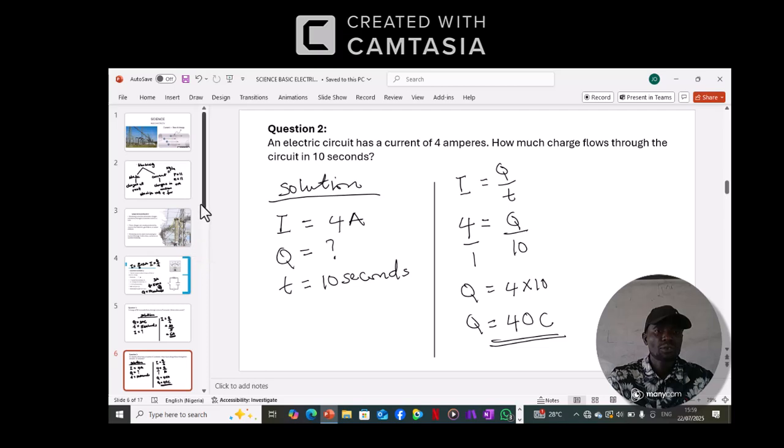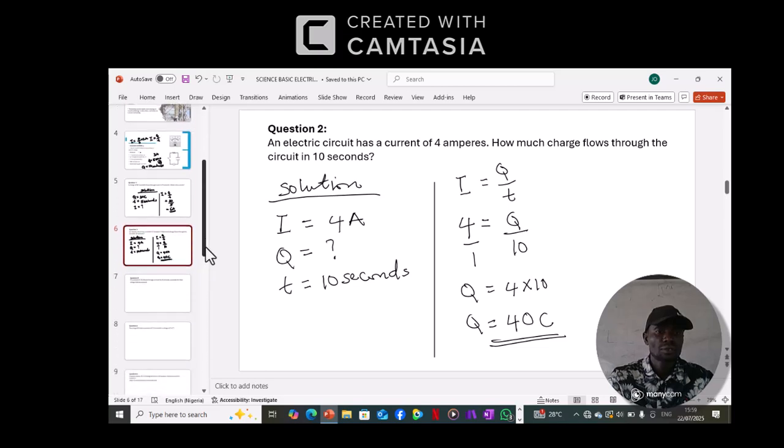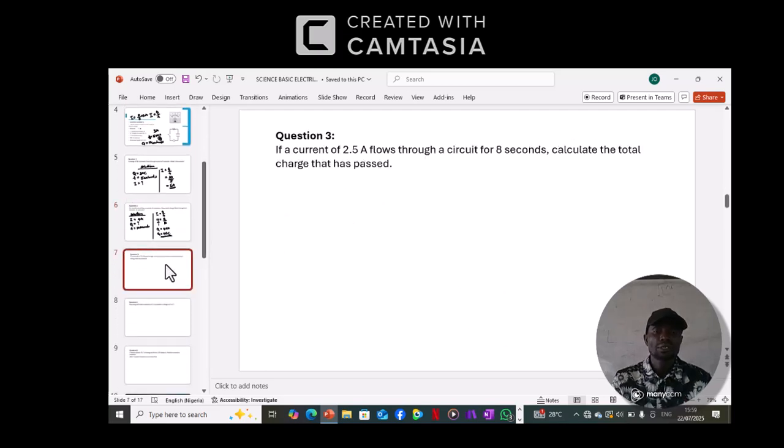Let's treat more questions. Question 3. If a current of 2.5 ampere flows through a circuit for 8 seconds, calculate the total charge that has passed. Now the solution.